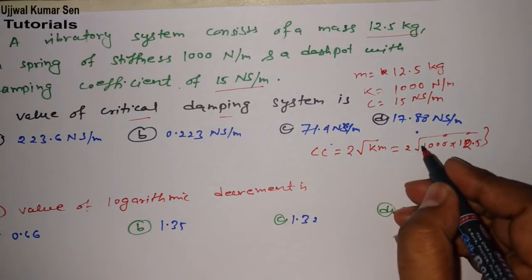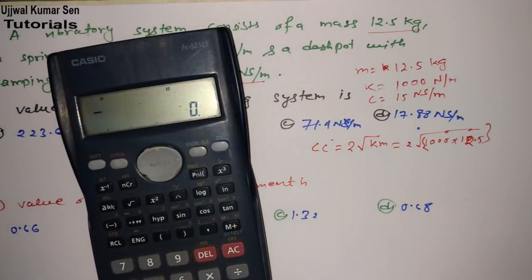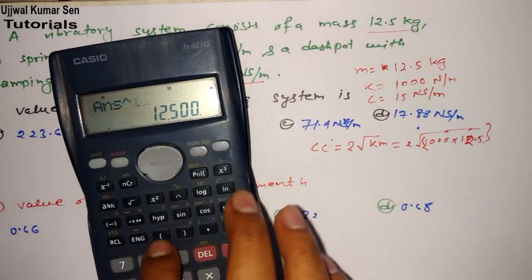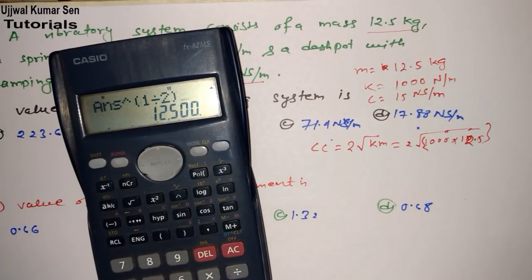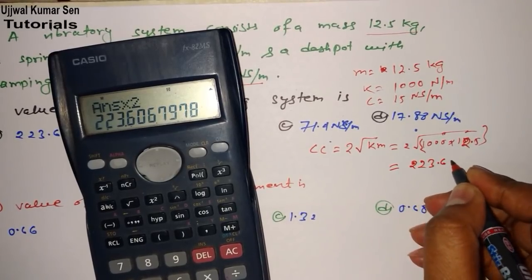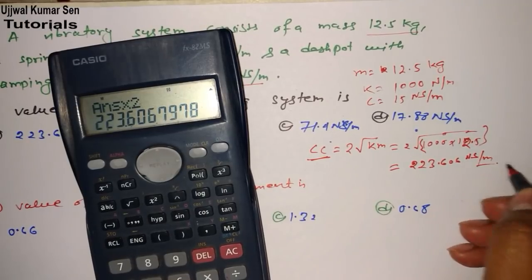Now, can you guess what is required for doing this numerical problem further? Yes, we require a calculator. So 1000 multiplied by 12.5, root, multiplied by 2, is equal to 223.606 Newton second per meter critical damping.